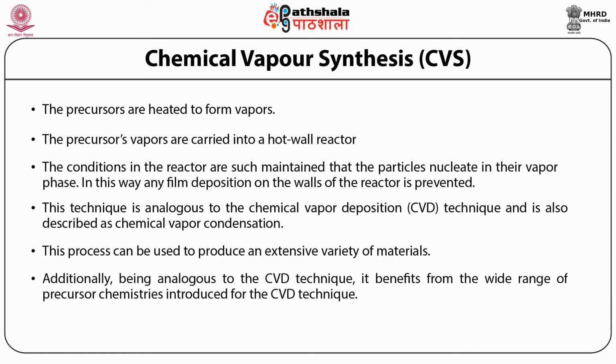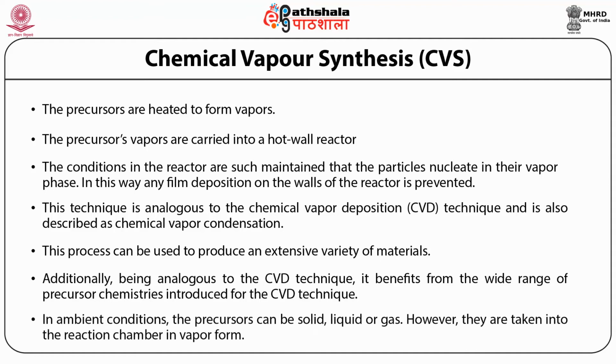Additionally, being analogous to the CVD technique, it benefits from the wide range of precursor chemistries introduced for the CVD technique, because all of them can be applied to this process as well. In ambient conditions, the precursors can be solid, liquid, or gas. However, they are taken into the reaction chamber in vapor form. The vapors can be produced from a bubbler or sublimation source.